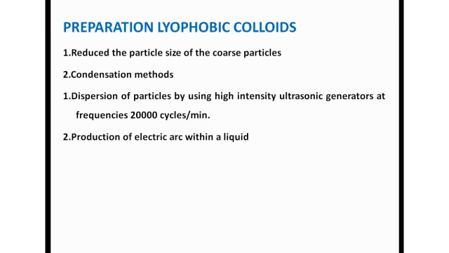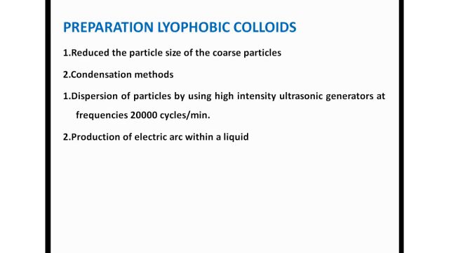Next method, production of electric arc within a liquid. Suppose you have a liquid with molecular dispersion. Now just put two electrodes within the liquid and produce an electric arc. This electric arc will help the molecular dispersion to get aggregated to form the colloidal particle.